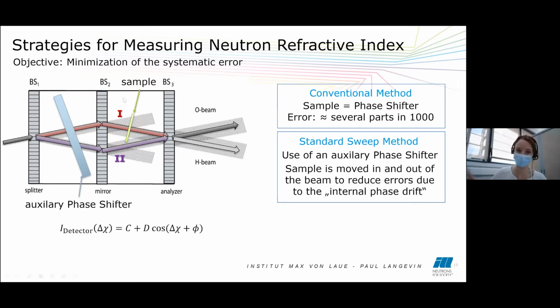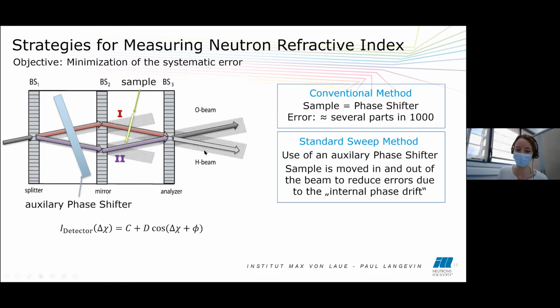What is done during the standard sweep method is to alternatingly insert the sample and take it out of the beam again in order to simultaneously measure not only the sample, but also the background and, most importantly, the internal phase shift of the interferometer itself. So that reduces the error due to the so-called internal phase drift, which can arise due to fluctuations in temperature during the measurement, or also vibrations of the optical bench.